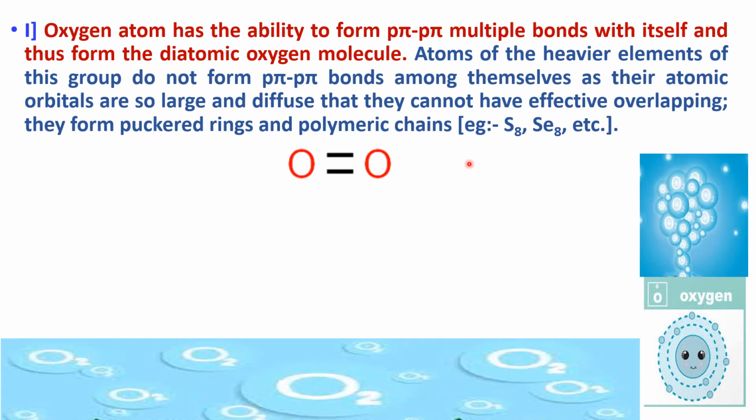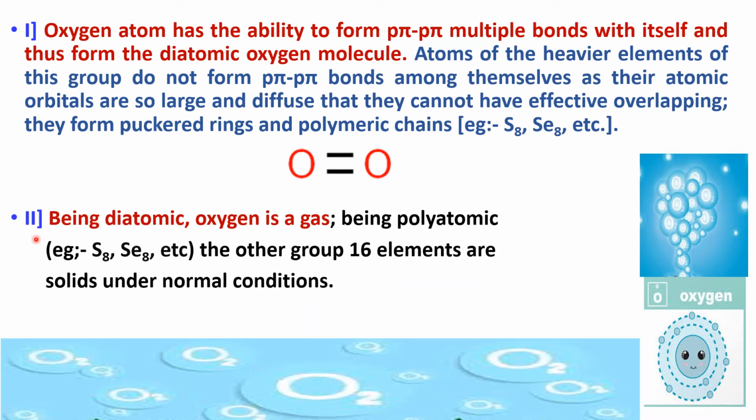They form puckered rings and polymeric chains, for example S8, Se8, etc. So the only element, that is oxygen, shows the ability to form pi multiple bonds and form a diatomic molecule. Other atoms in the group 16 family are polyatomic.